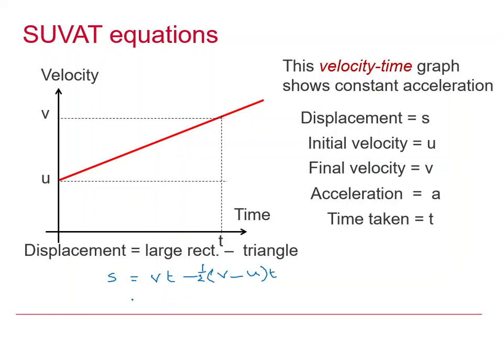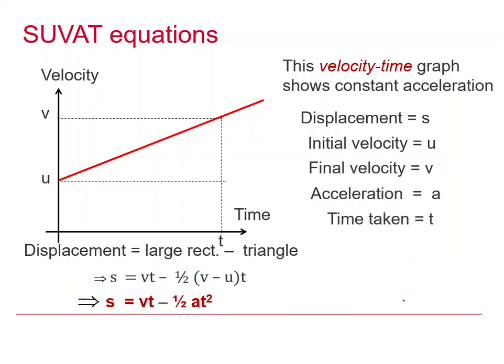And that will give us, using the same transformation as before, vt minus, now we said that a is equal to v minus u over t, so if we replace v minus u by at, we get a half at squared, and that's another equation.